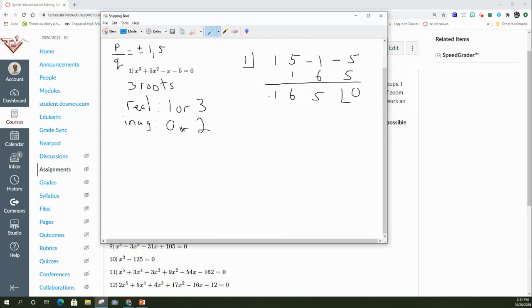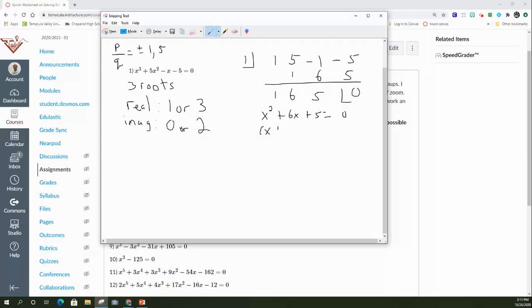All right, or I know there's 3 terms here, so I could write this as a quadratic, x squared plus 6x plus 5 equals 0. And I recommend doing this because you don't know if the next 2 answers are going to be imaginary or irrational. So I could use the quadratic formula, or if I do notice this is factorable, what multiplies up to 5 and adds up to 6? That's 5 and 1.